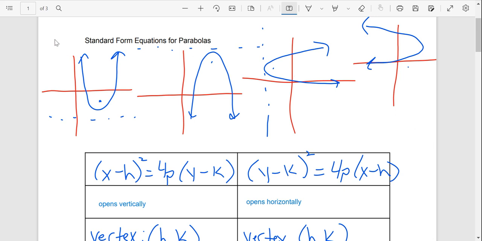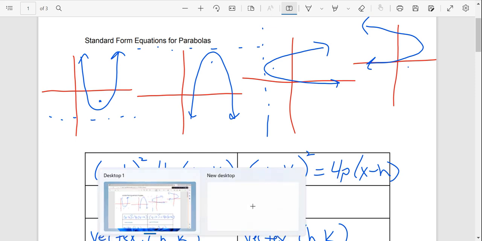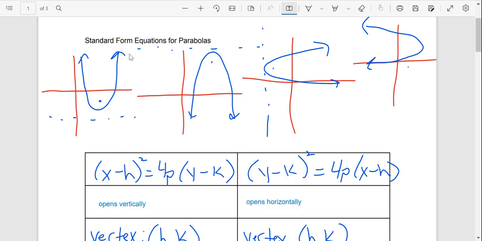Facing up or down, you square the x. Facing right or left, it's y squared. When it's facing up and right, this 4p is going to be positive. When it's left and down, negative.